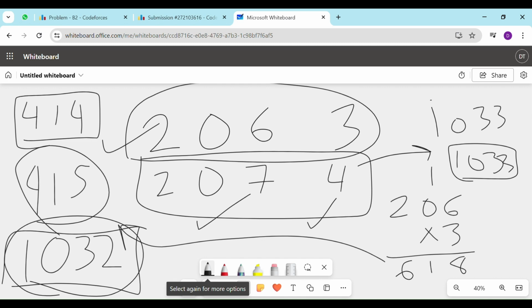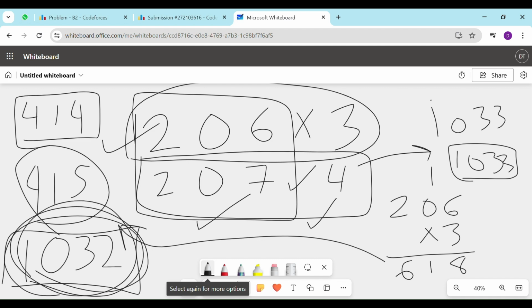Now since the difference between these two numbers is just 1, if I don't pick one of this and I pick one extra of this, that means I will use one extra coin. So I had used 1032 and I have 1033, which means I still have one coin left.